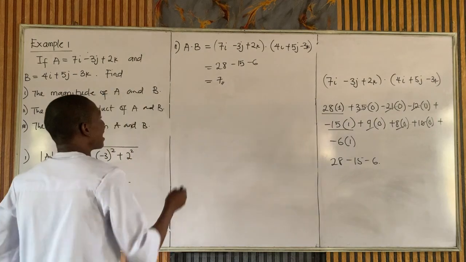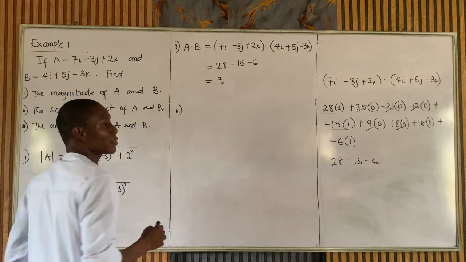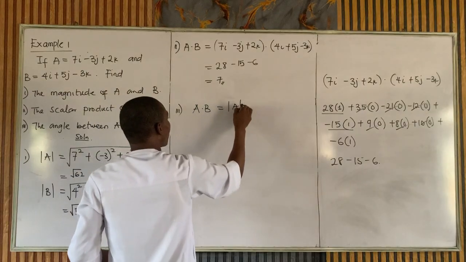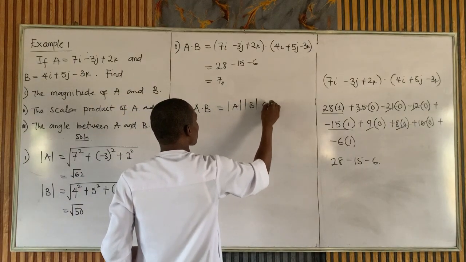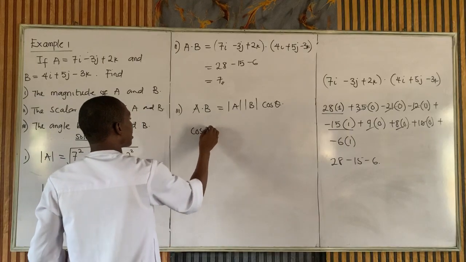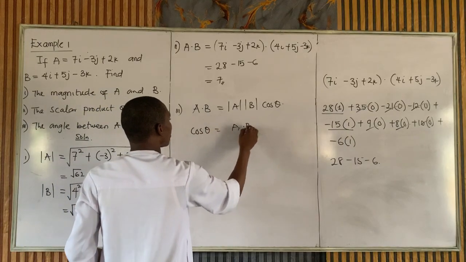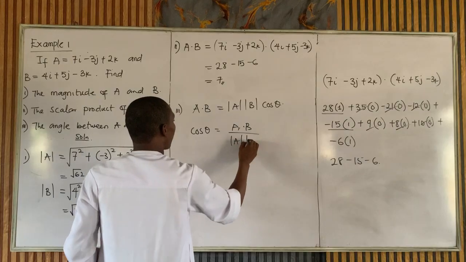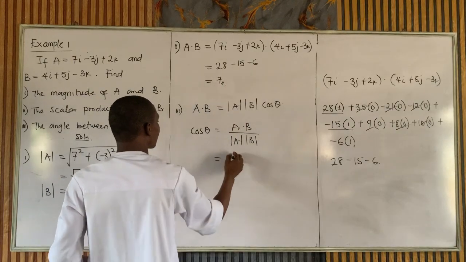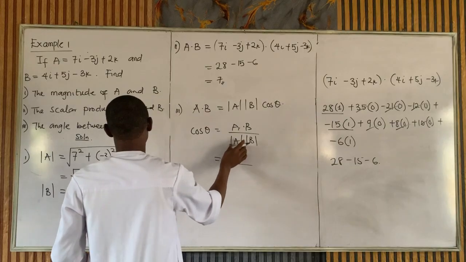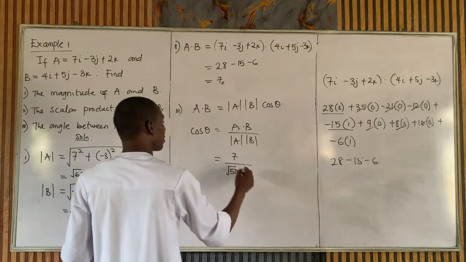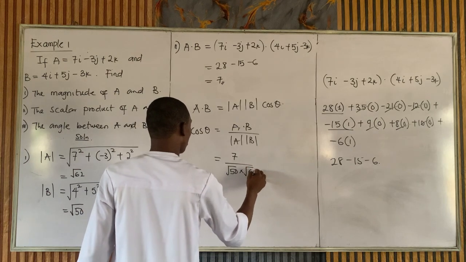Now lastly is to find the angle between the two vectors. Remember we have it that A dot B is equal to magnitude of A, magnitude of B, cos theta. So you can say that cos theta is simply A dot B over magnitude of A, magnitude of B. Now what's A dot B we've got? That's 7. What's magnitude of A? Root 50 times what's magnitude of B? Root 62.